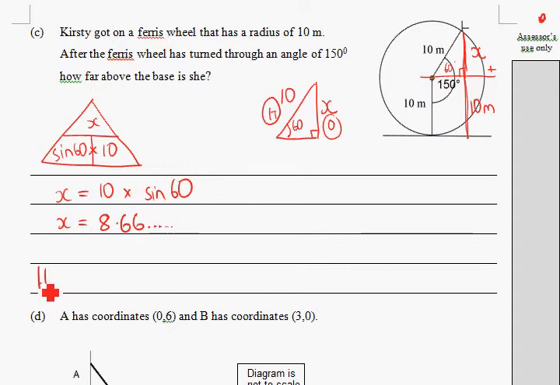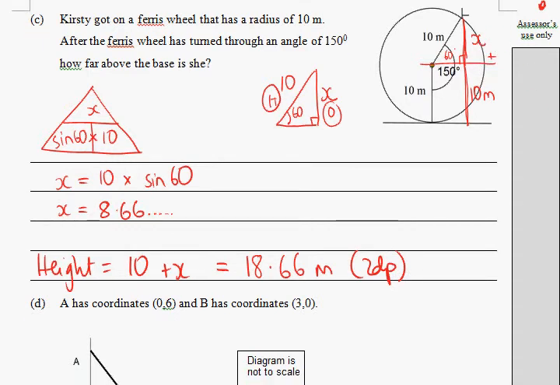And therefore the height we know is going to be 10 plus x. So adding 10 onto the number in your calculator, we end up with 18.66, and that would be metres to 2 decimal places, which looks about right.